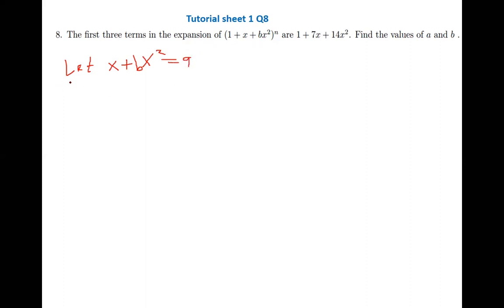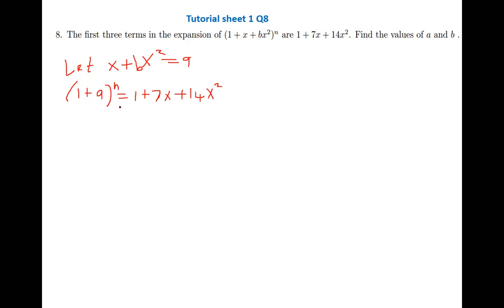So what you're going to have is 1 plus a to the power n is equal to, we've been given that the first 3 terms in the expansion of this is 1 plus 7x, and then plus 14x squared. So this is what we're going to have.